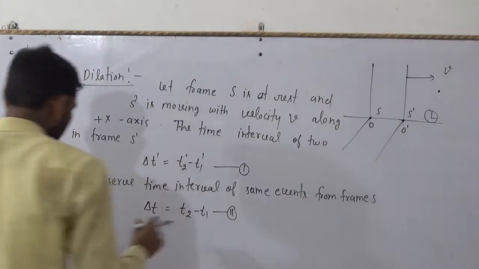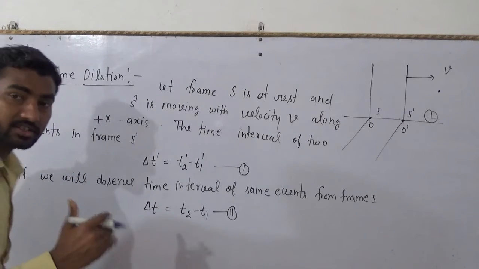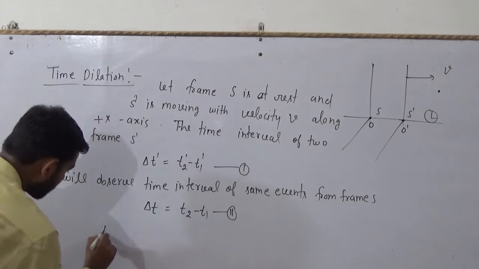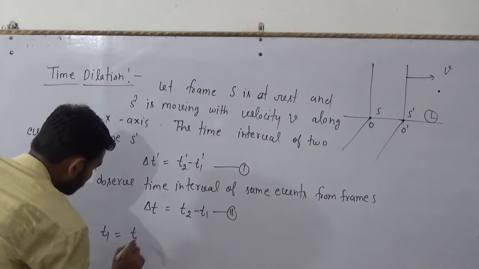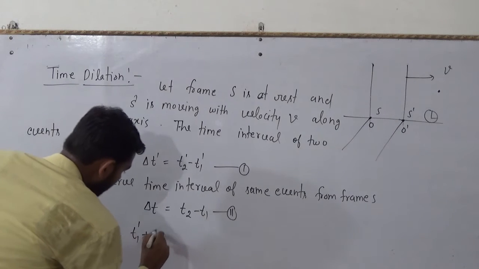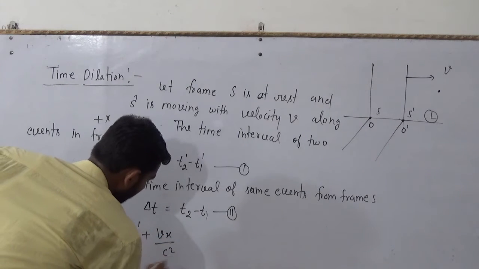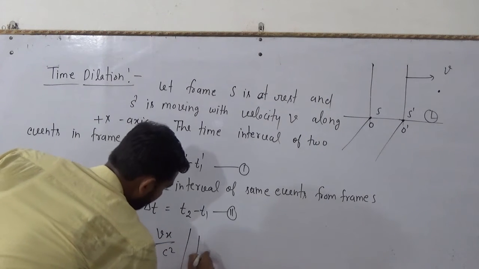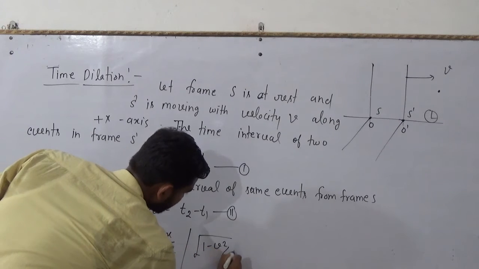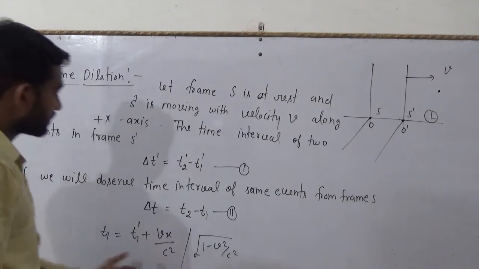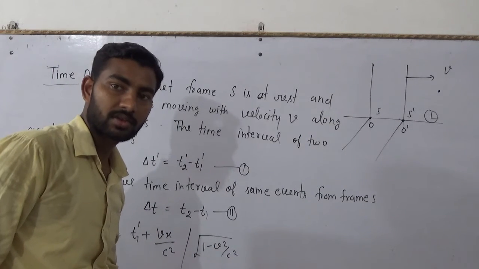Now here we can write, with the help of the Lorentz transformation equation, the value of T1 is equal to T1 dash plus Vx by c square upon under root 1 minus V square by c square. This is the inverse Lorentz transformation equation.